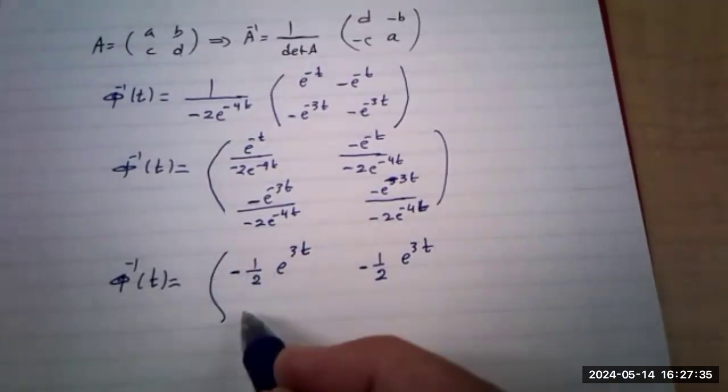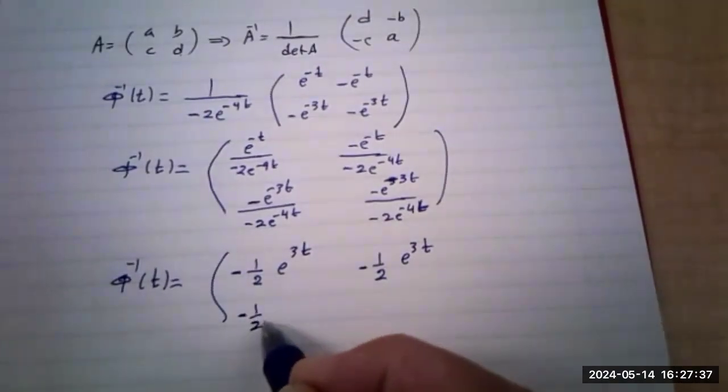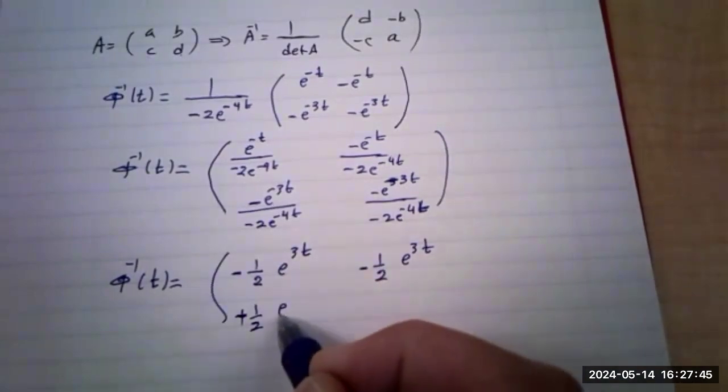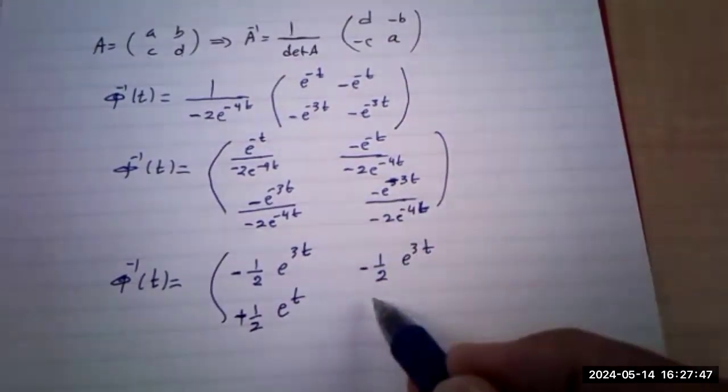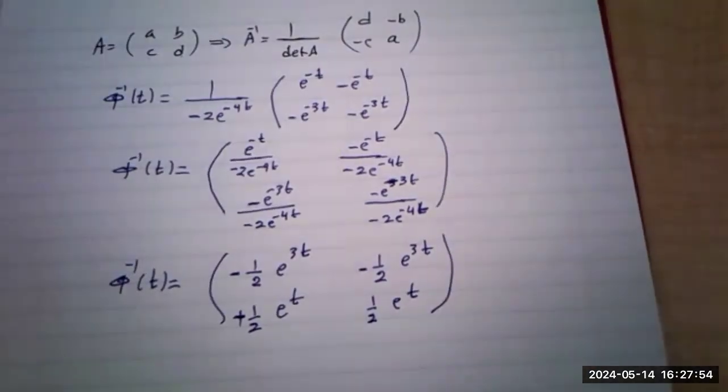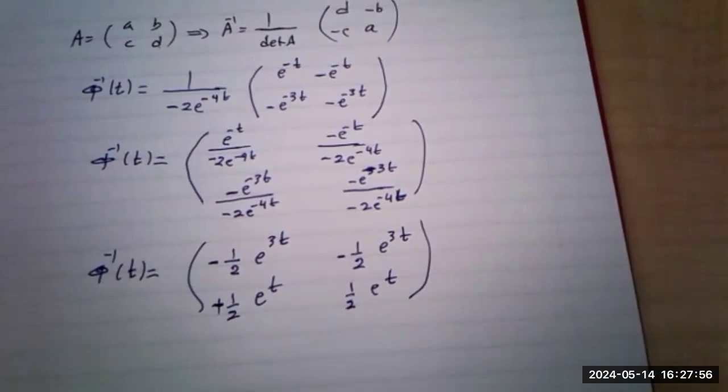And for the bottom, the same thing, it's going to be -1/2. The top one's positive, top right? The positive, yes, you are right, positive. So that gives you e to the t. And this would also be positive, and that would give us e to the t. Okay, nicely done. Any question? Yes.